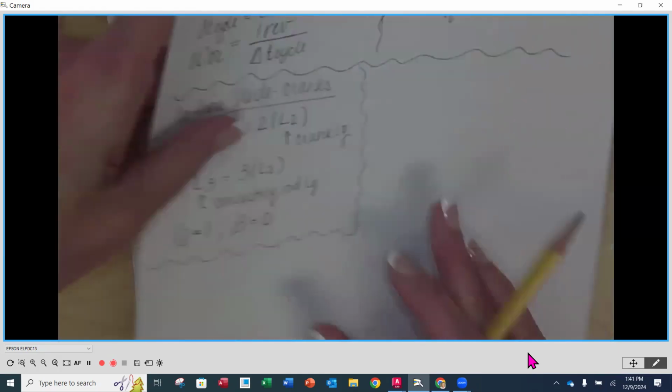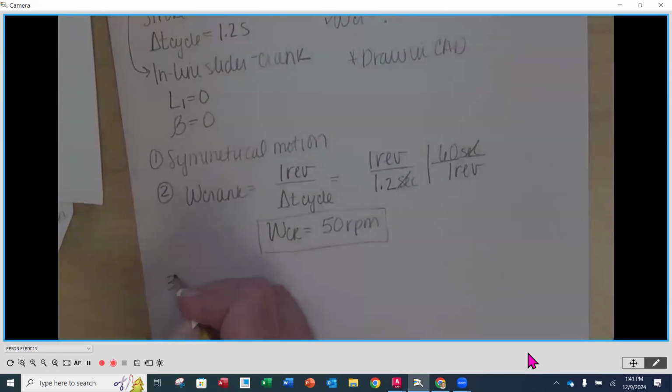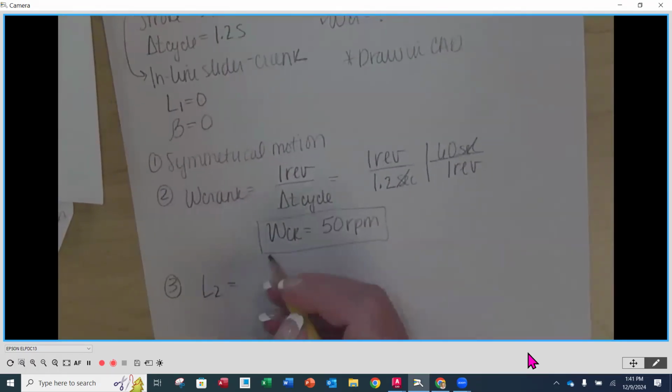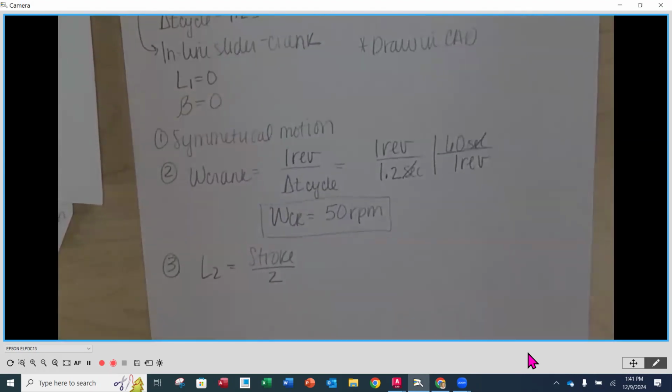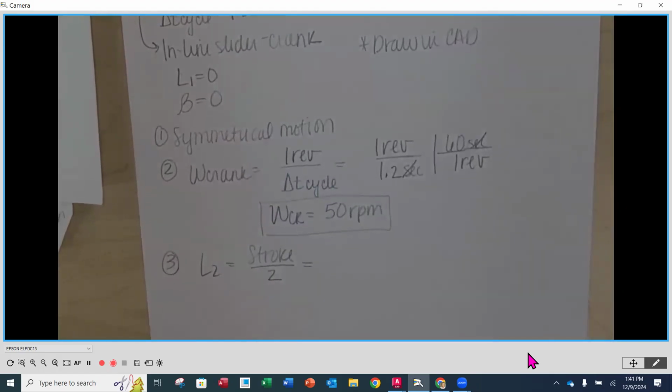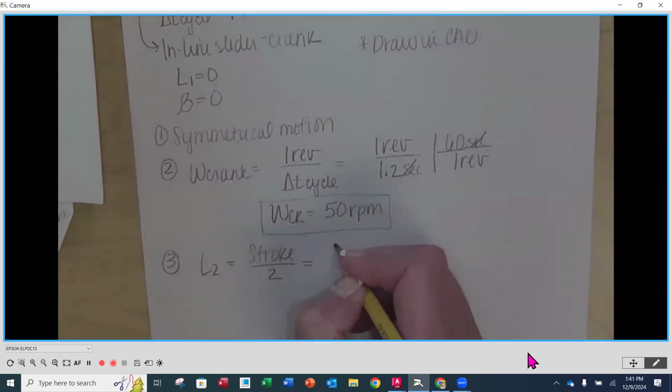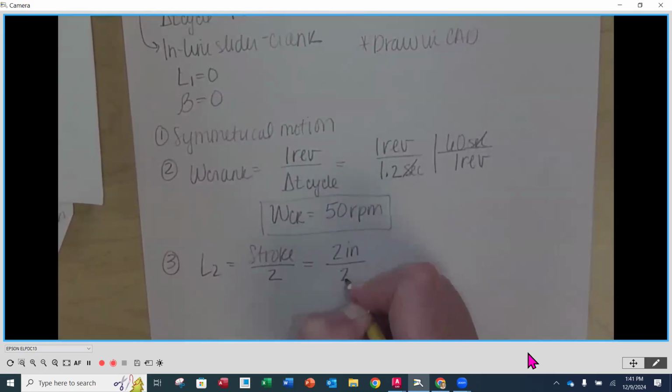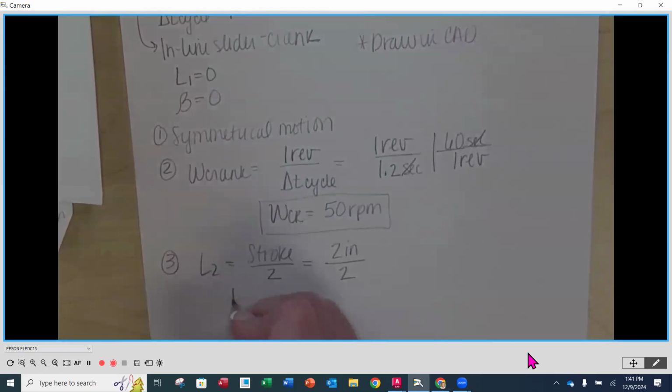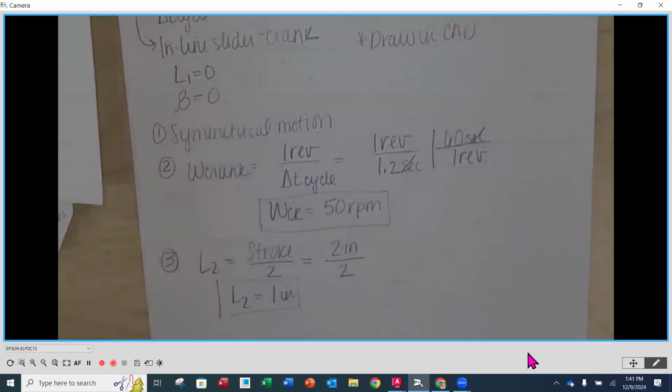So we can rearrange that and say step number 3, L2 is going to be our stroke divided by 2. Or you can do the delta R, that's what the book uses. I just don't like delta R as a variable for stroke. So I know that my stroke is 2 inches, and I'm going to divide that by 2. So my L2 is going to be 1 inch.